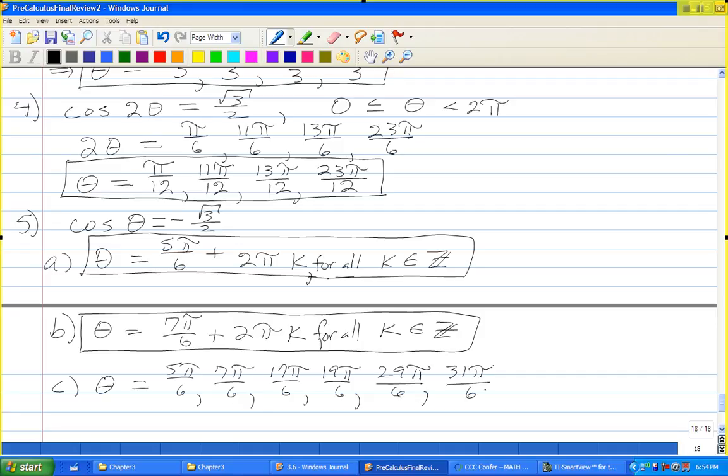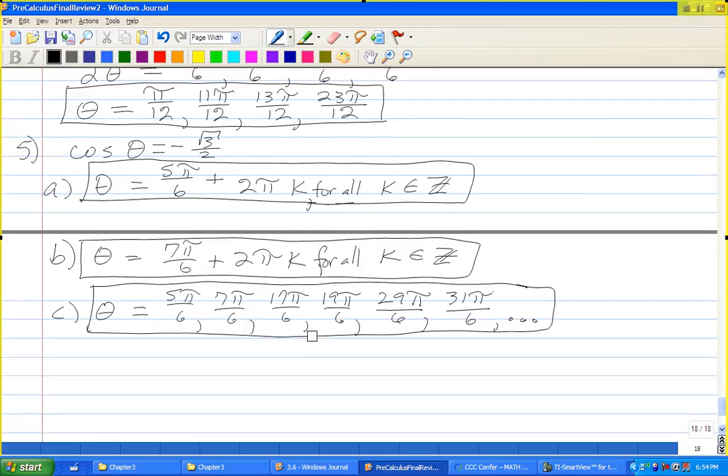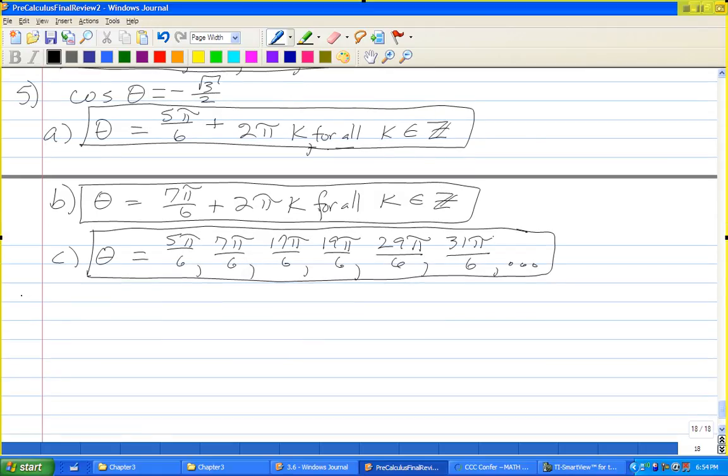So it says, list the first 6 solutions that are greater than or equal to 0. Okay, so all I did is I just kept adding 2 pi, which is the same as 12 pi over 6, to each of these. And then for the next one, it'd be 24 pi over 6 that I'd add.